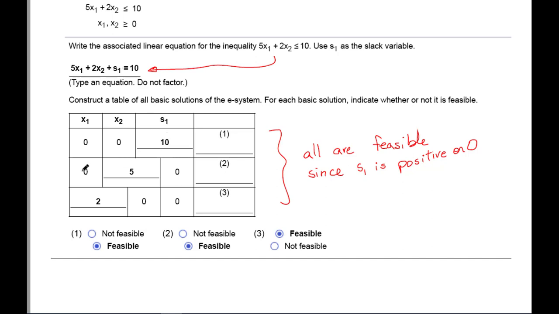And so now you step through this equation where two things are 0, and you figure out these three things in the boxes. Now the final question is, which of these are feasible? Well, that's easy. We look at S1, our single slack variable. Are all the S1s positive? Yes. Therefore, all of these are feasible solutions.